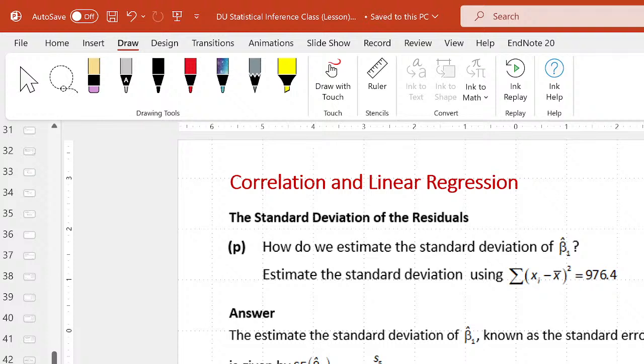We see that 0 is not in there. We say with 95% confidence that the true slope is somewhere between 1.83 and 2.47. So that's a confidence interval for slope. An Excel output will typically give you a 95% confidence interval.